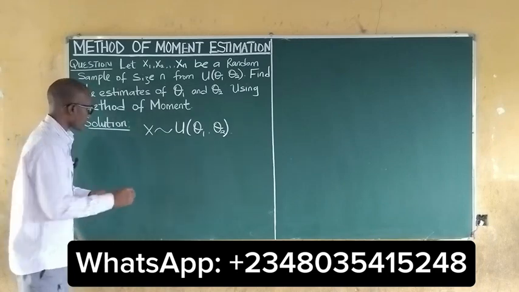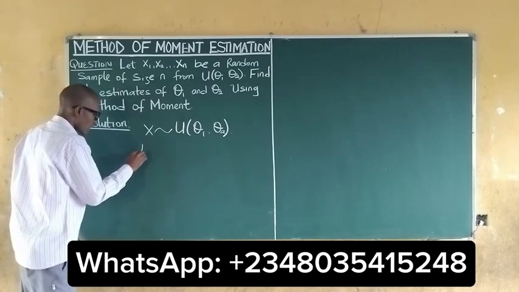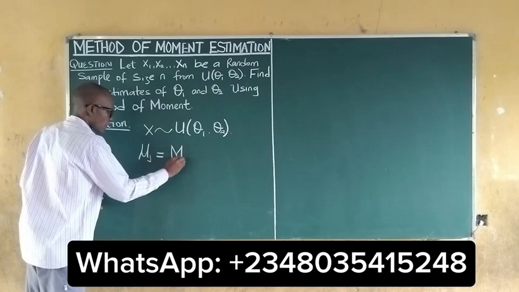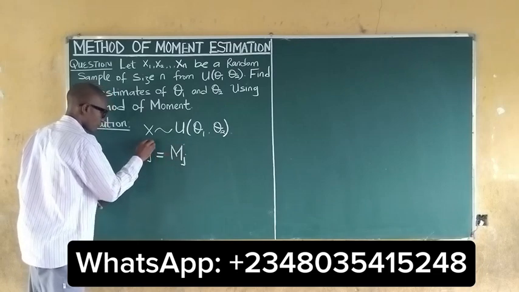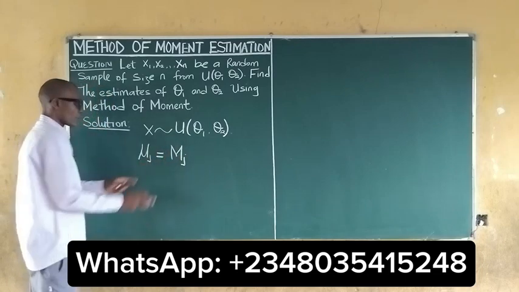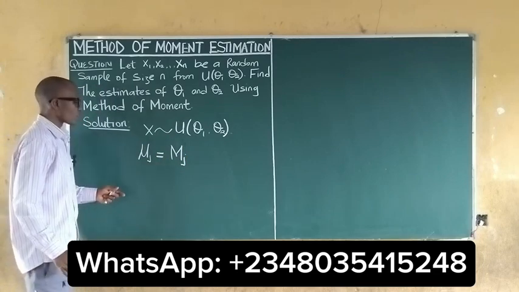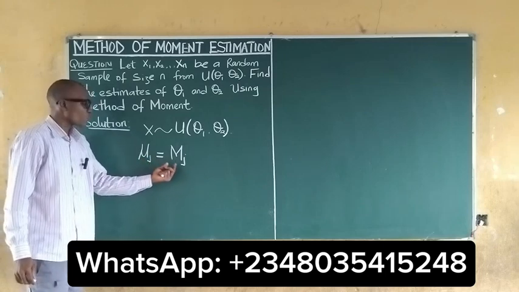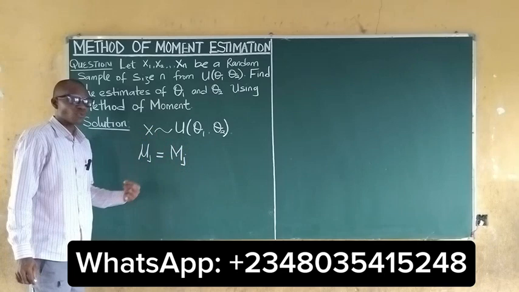For method of moments, we note that the population mean is equal to the sample mean. So when you get the population mean, you equate it with the sample mean to get the solution to the method of moments.